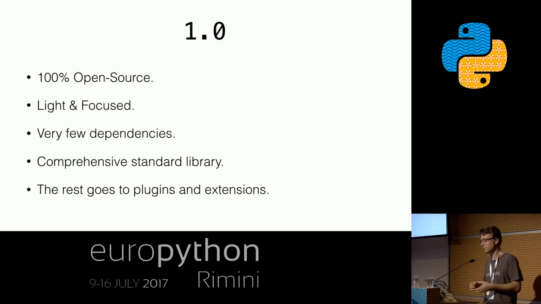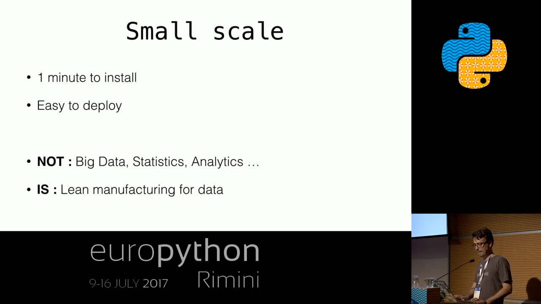So 1.0 will stay, of course, 100% open source. It's Apache license. I want a very light library. Of course, it should do the basic things like CSV, etc. And most file formats and tools should be included. But all things containing dependencies and complex things should either be implemented by the user or go to extensions. It's small scale.